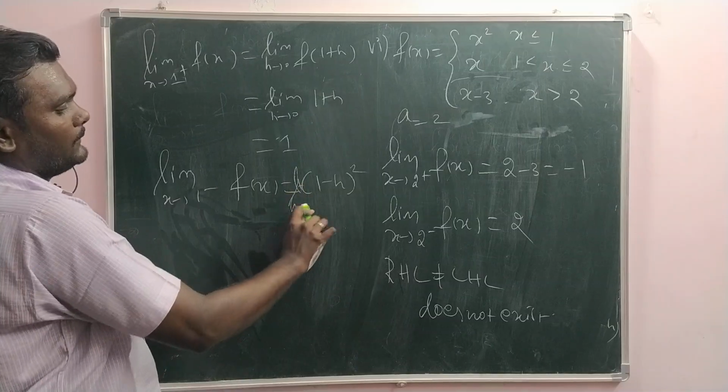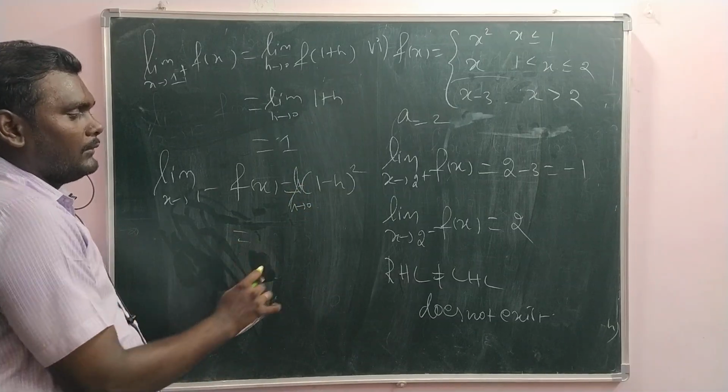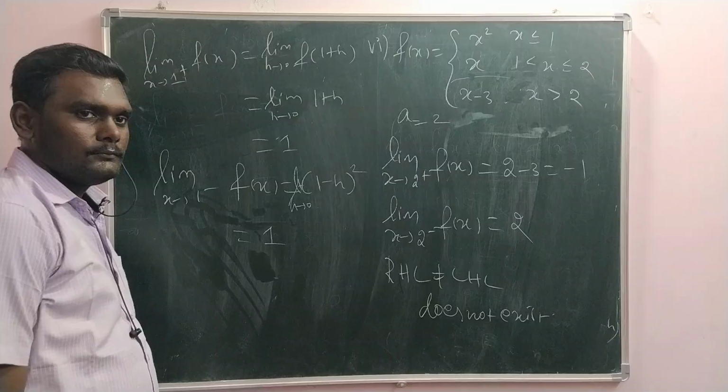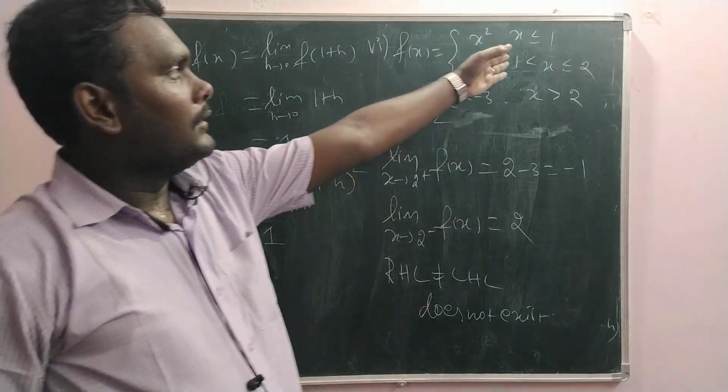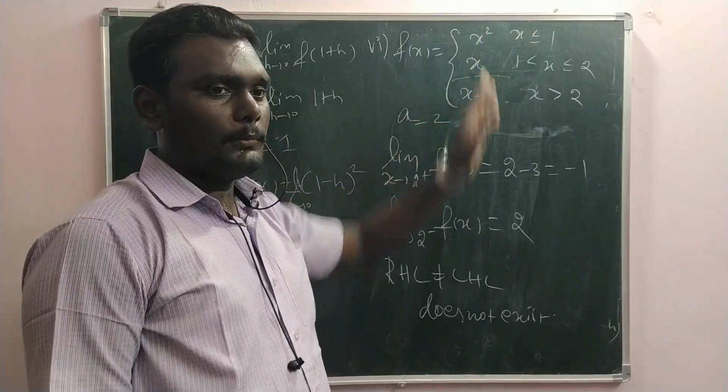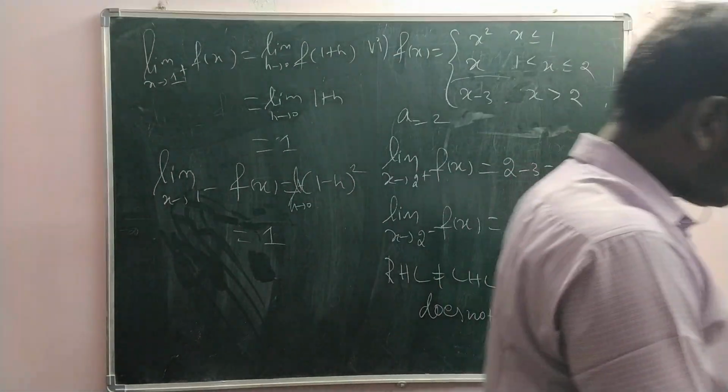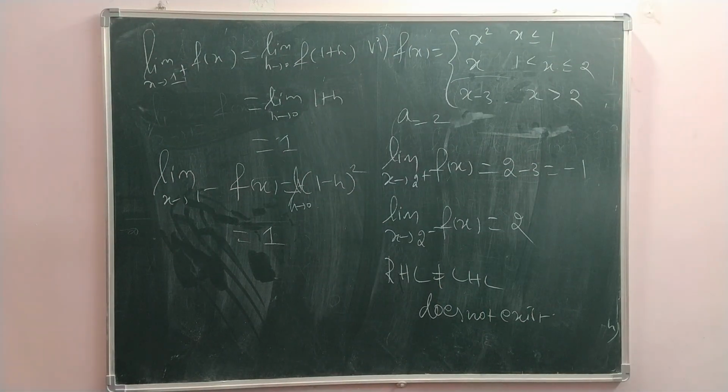Limit h tends to 0. So that is what? That is also 1. So left limit is equal to right limit. We say the limit exists and is 1. The value is approaching 1. Okay. Any doubts on this? Okay. And like that, that fourth one you see.